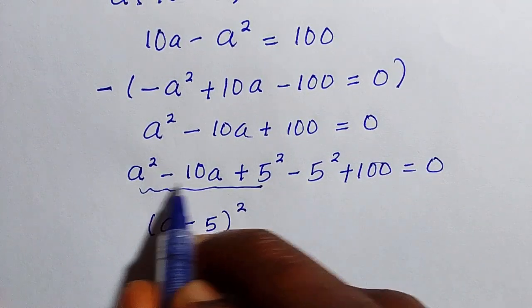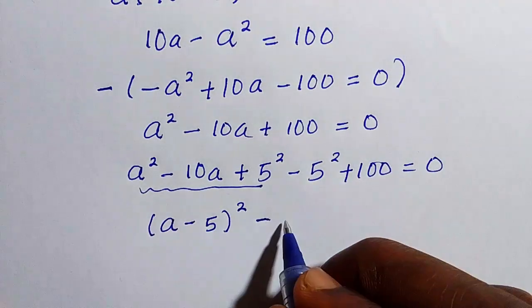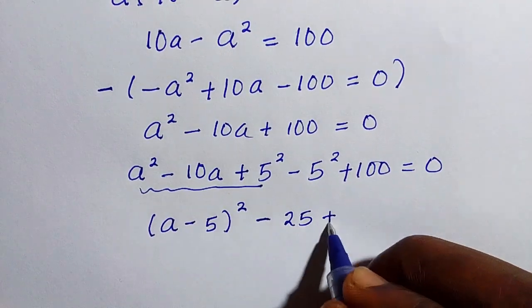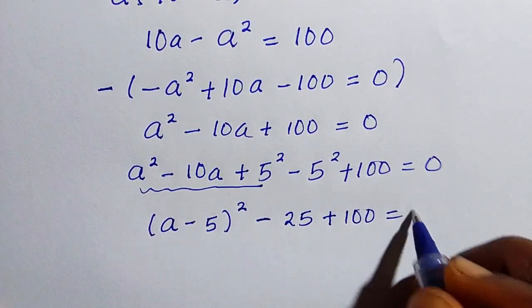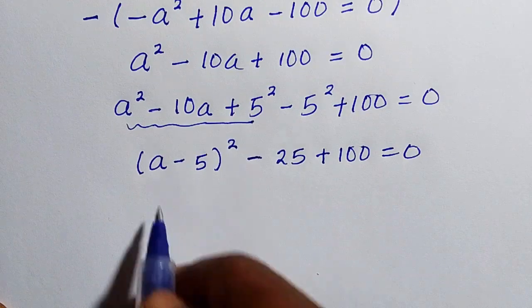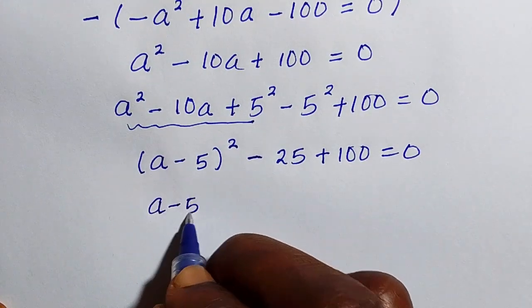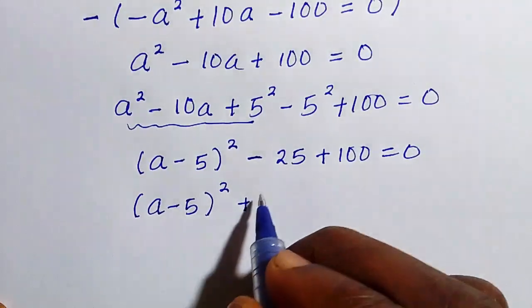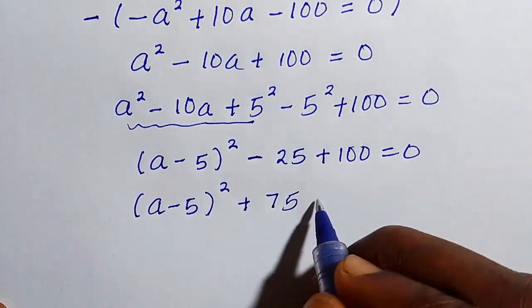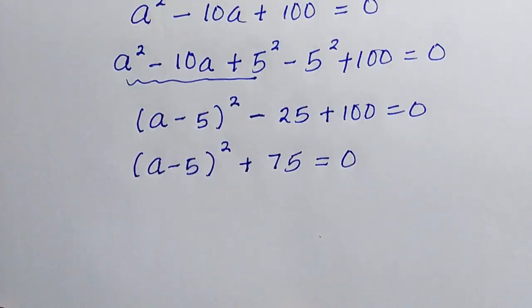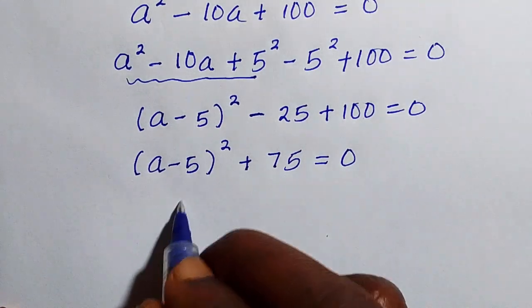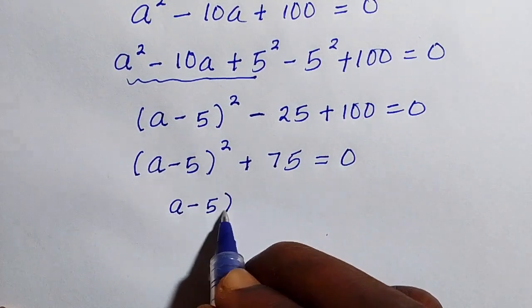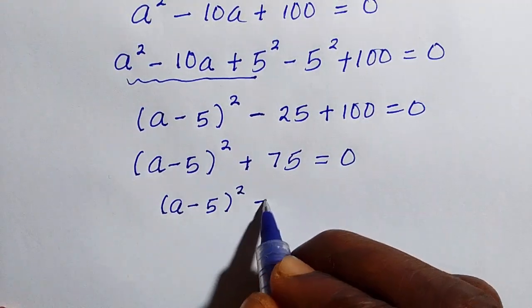When we expand this, we get minus 5² is 25, plus 100 equals 0. So we have (a - 5)² + 75 = 0. Then we take 75 to the other side, as we have (a - 5)² = -75.